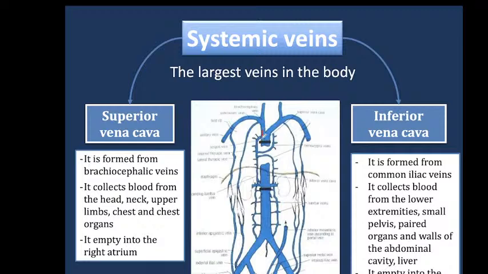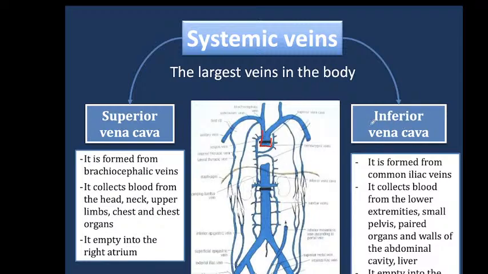It is formed from brachiocephalic veins and collects blood from the heart, neck, upper limb, chest, and chest organs as well, and it transports the blood into the right atrium.